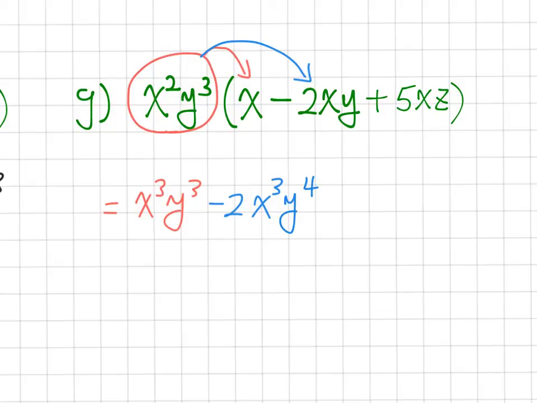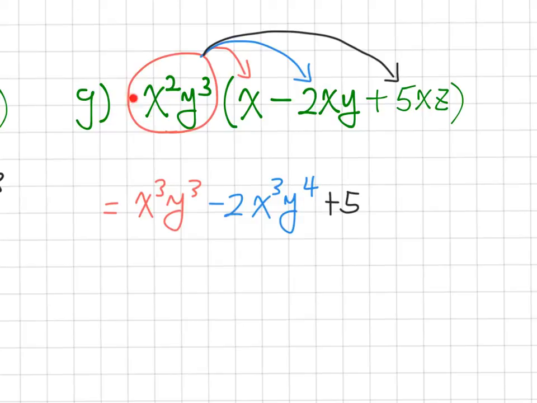Now, lastly, because we only have the last term left, we are multiplying x squared y cubed to positive 5xz using the distributive law again. So we have positive 1 times positive 5, and that becomes positive 5.